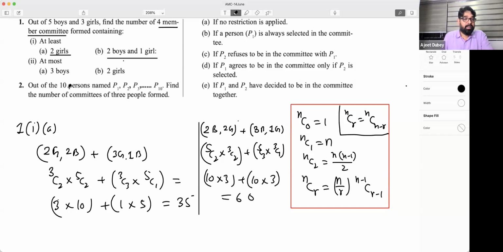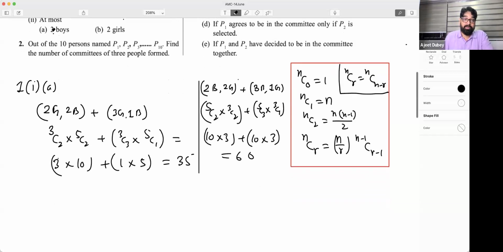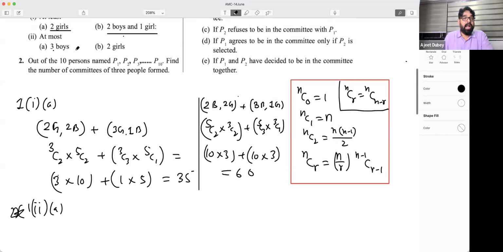Fine. Let's go ahead with the at most situation. At most means maximum. Second, first question, second part. At most 3 boys. So what can the possibilities be? Maximum 3 boys can happen, so a 0 boy possibility is also there.